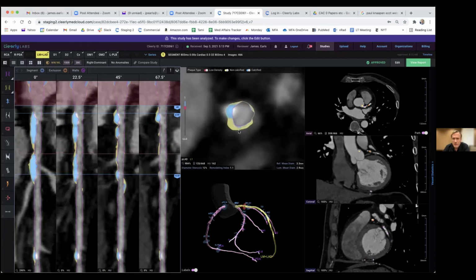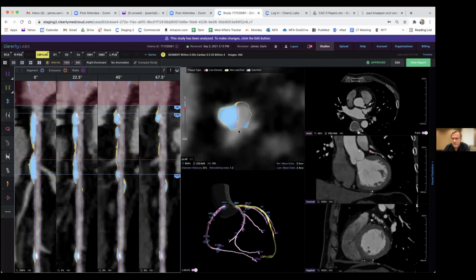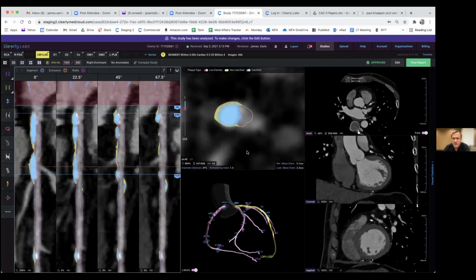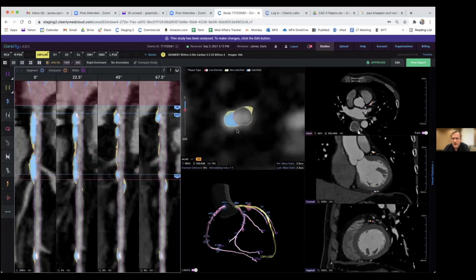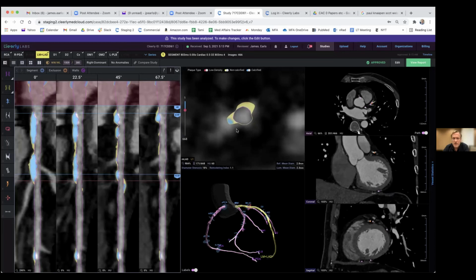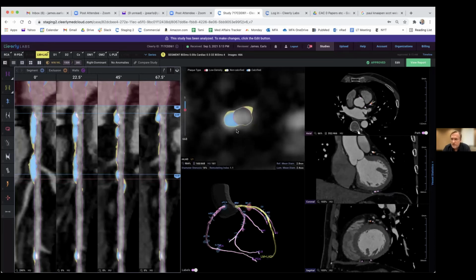As we go further down the LAD, you can really get an appreciation for the eccentricity of these plaques. It can flatten the lumen there. The majority of this plaque is calcified in this situation. So probably the risk to the patient from this particular plaque is going to be lower than it is for other types of plaque that are out there.